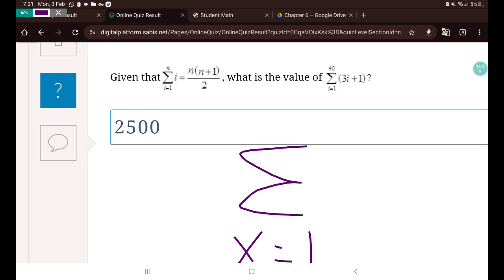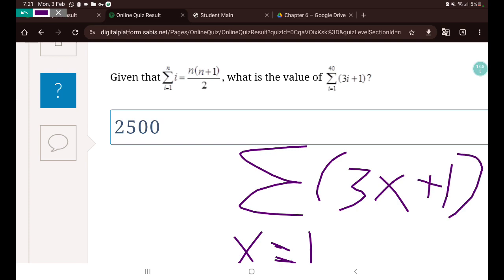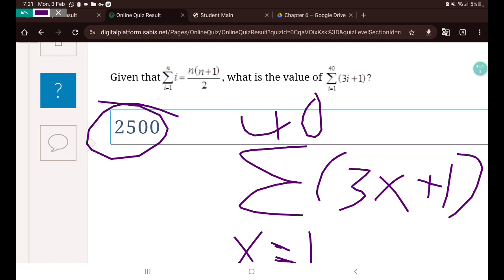X equals 1, 3x plus 1, and above you write 40. This rule, you don't really need to follow it. Just input the same numbers in shift log in your calculator. Basically, after doing this and after submitting, you'll get this answer here, 2500.